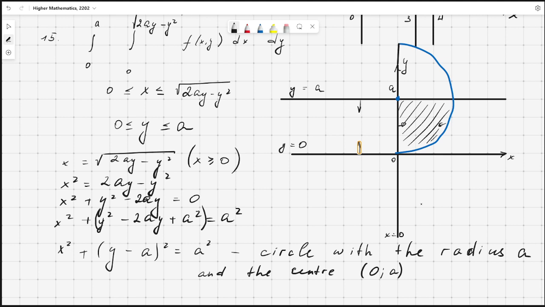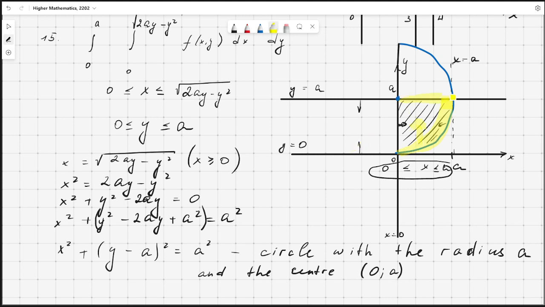The inner integral will be with respect to y, and look, x, here a, x changes from 0 to a, from 0 to this line a. Y changes from this line to this line.